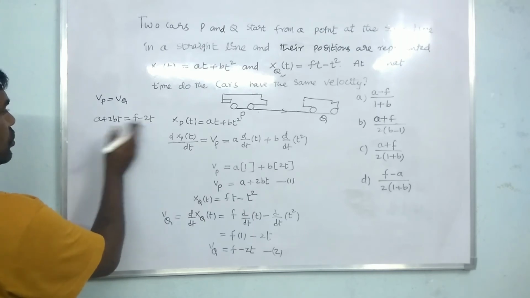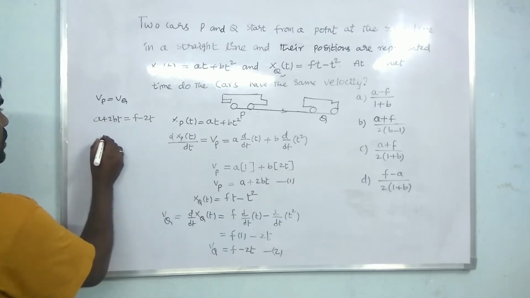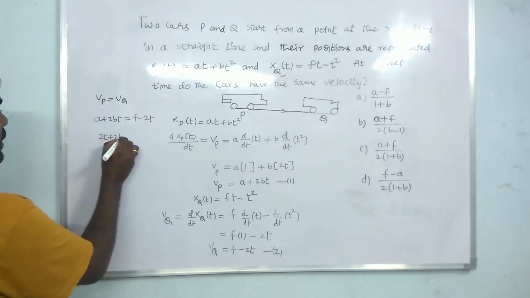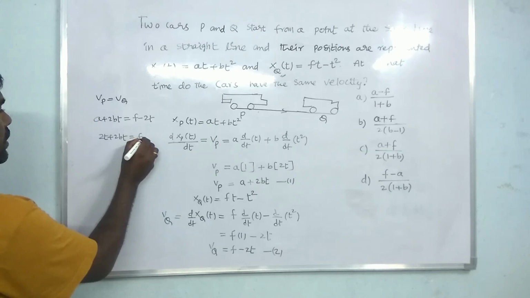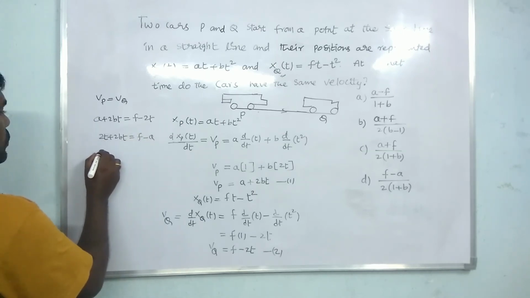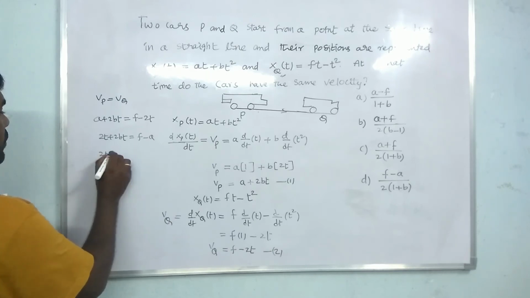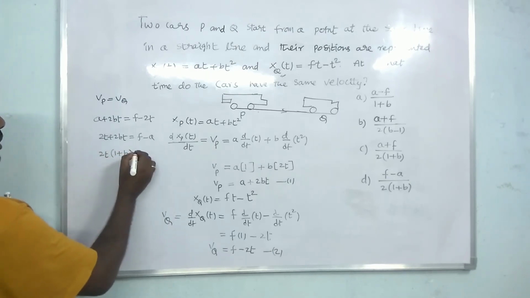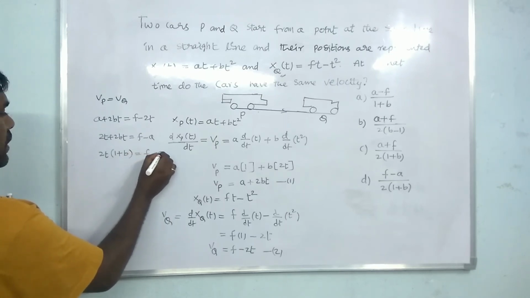So 2t comes to this side and a to the right side, where 2t plus 2bt is equal to f minus a. 2t is common, so 2t times (1 plus b) is equal to f minus a.